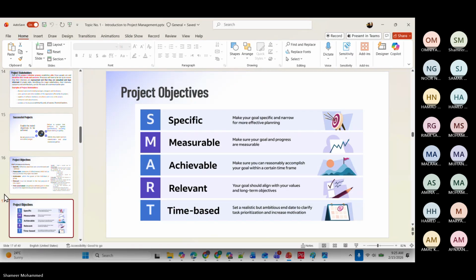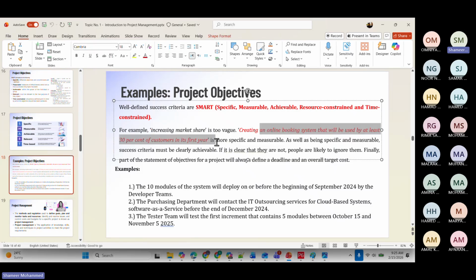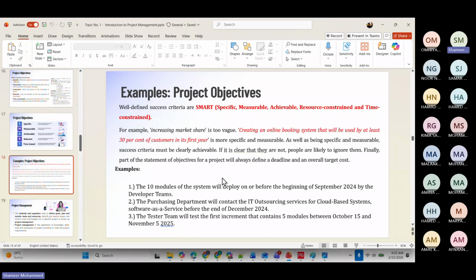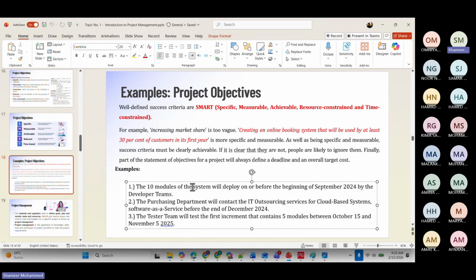Right. Now, see, this is another example they have given. They used an online booking system, yani an application, to achieve some target. So these are the examples here. How you will deploy the 10 modules from September till date.